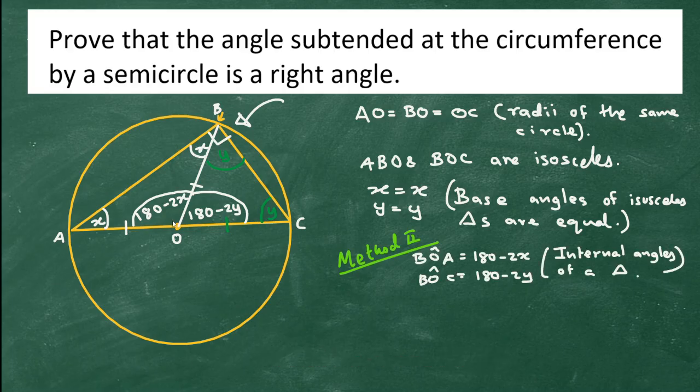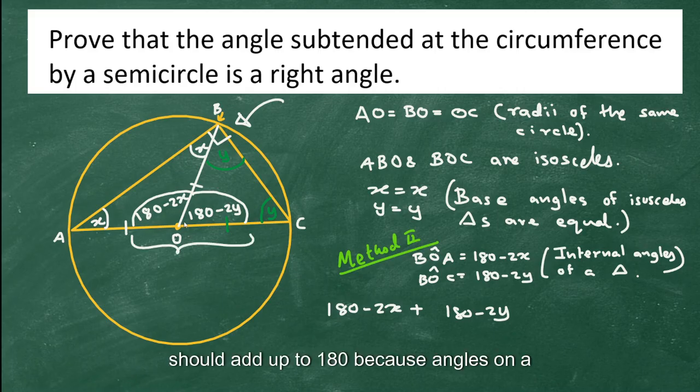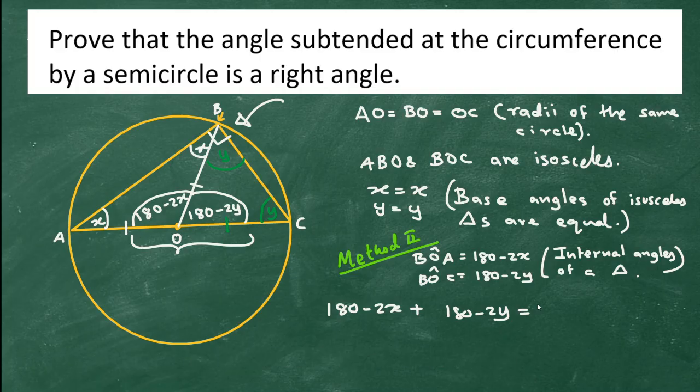Now, if you think about the sum of these two angles, obviously 180 take away 2x add 180 take away 2y, these two should add up to 180 because angles on a straight line add up to 180.